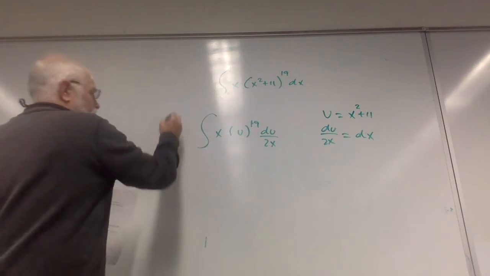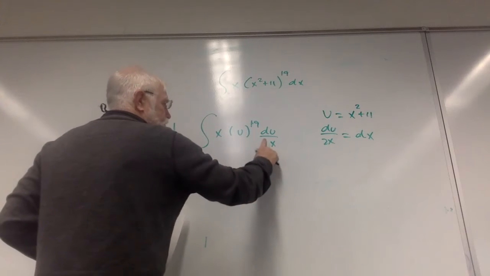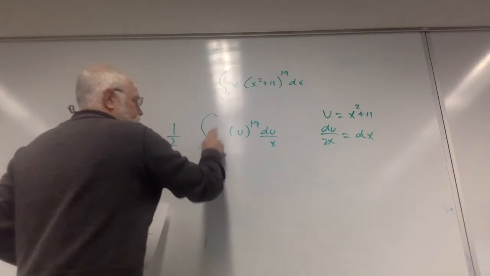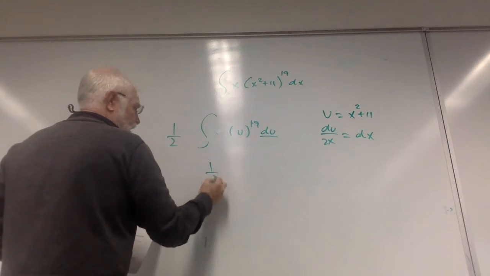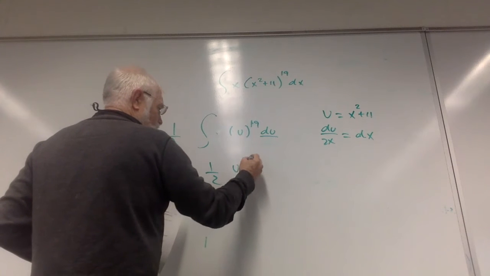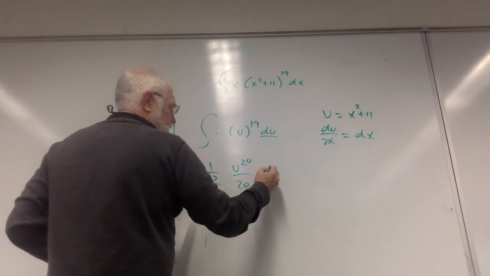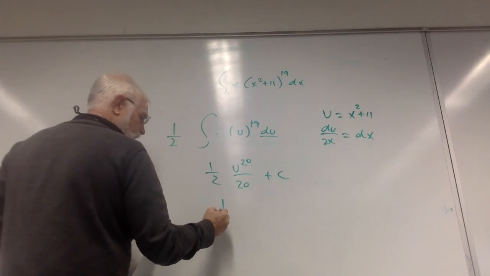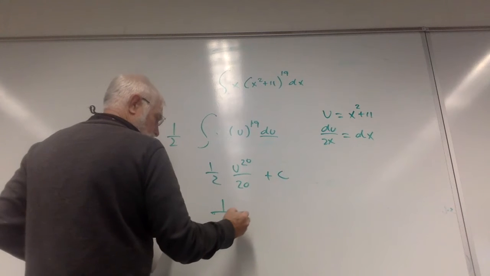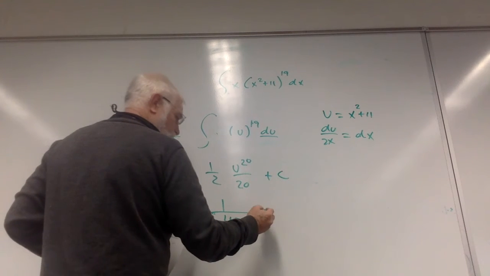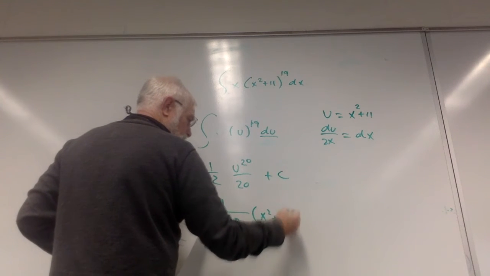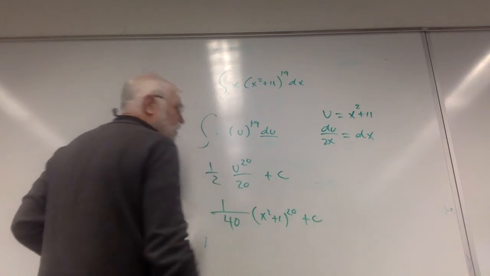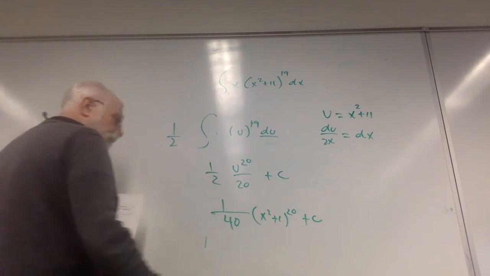So yes, I can pull a 1/2 out. The x's cancel. This is 1/2 u to the 20 over 20 plus c. And so that's 1/40 (x squared plus 11) to the 20th plus c. And I believe that's what we had before.